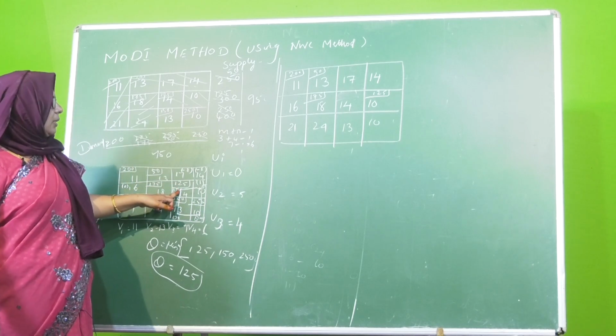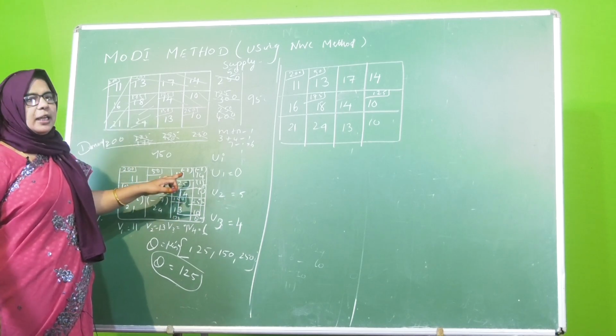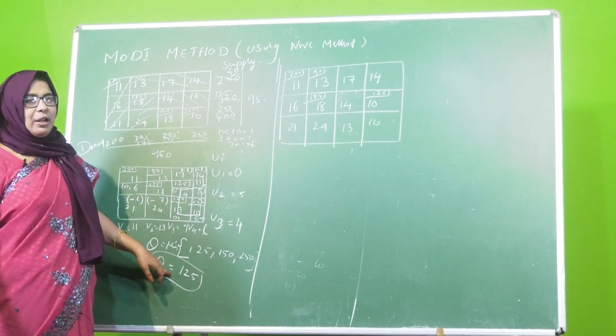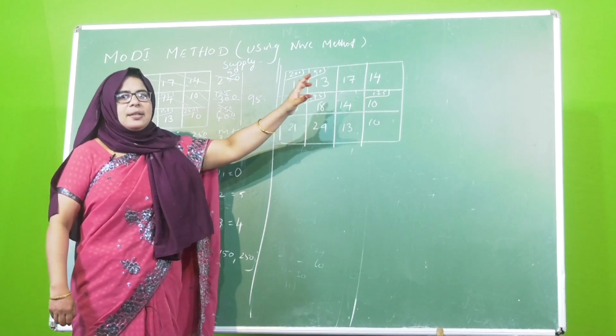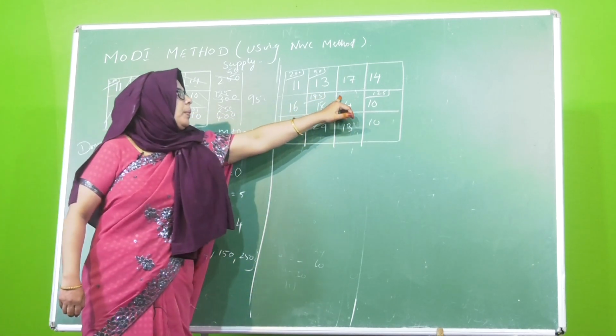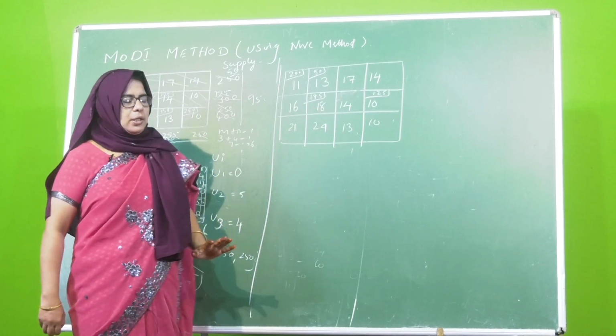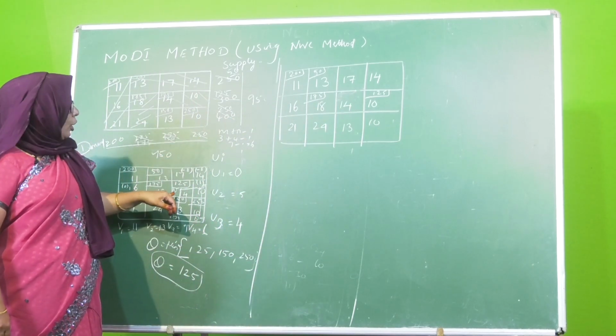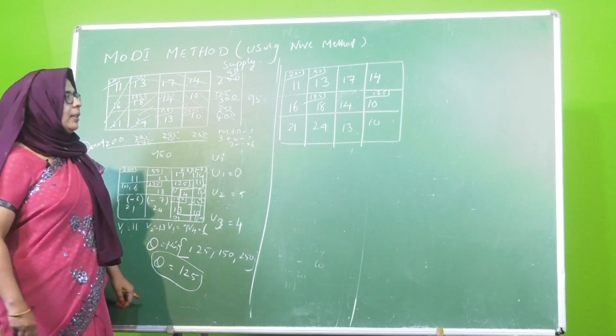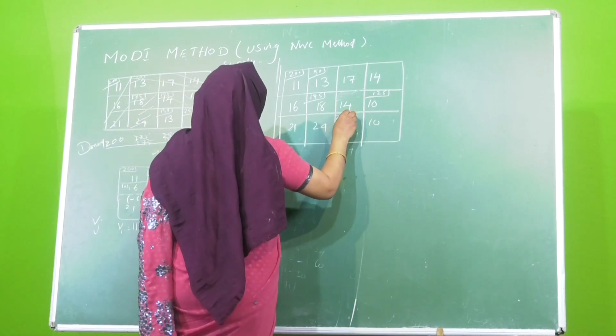Next, this value theta minus, that is 125 minus 125, we are getting 0. So you need not put 0 here; you remove the element. Then theta plus: 150 already exists, so 150 plus 125 is 275.